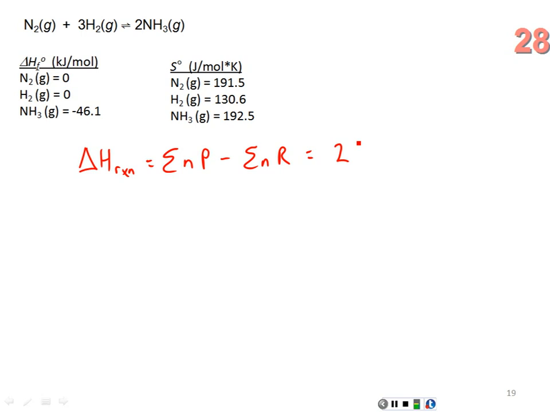Products, we have 2 moles of NH3, which is minus 46.1. Then we subtract the reactants. The reactants here are easy because they're both 0. So that term goes to 0. And the delta H we get equals minus 92.2 kilojoules per mole.